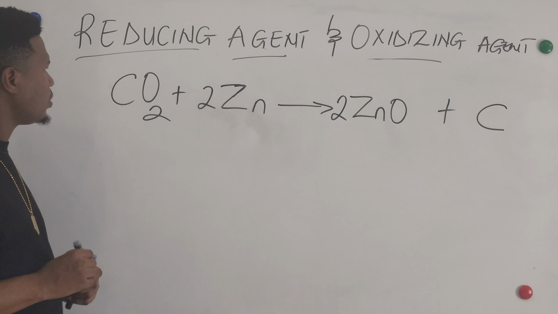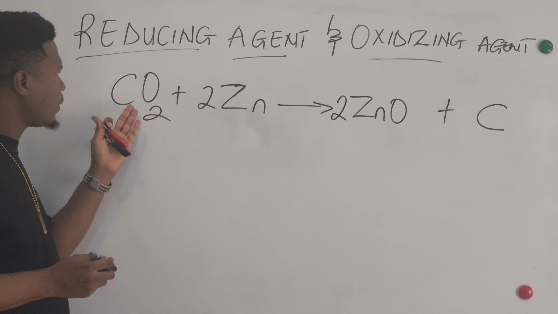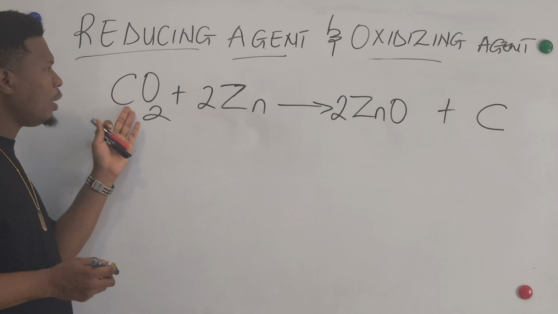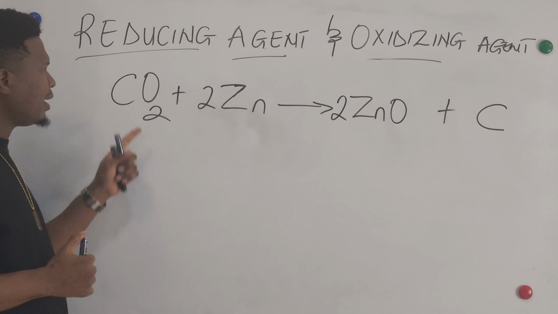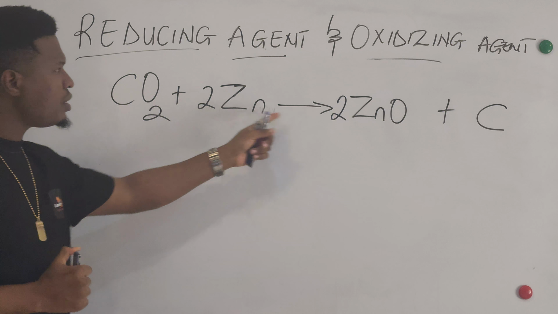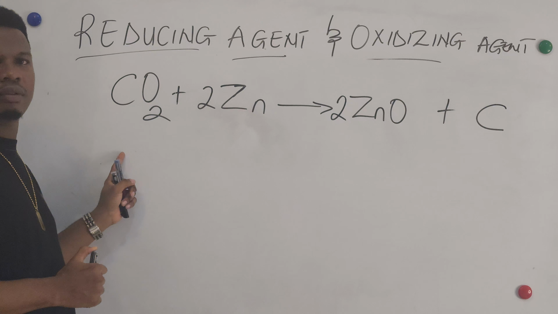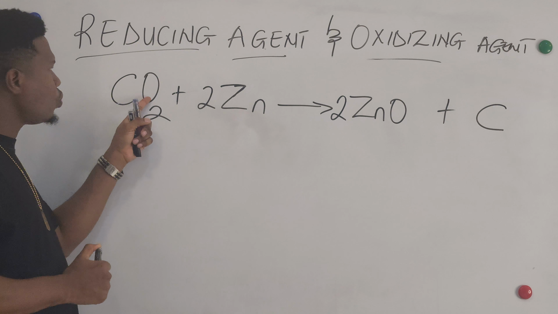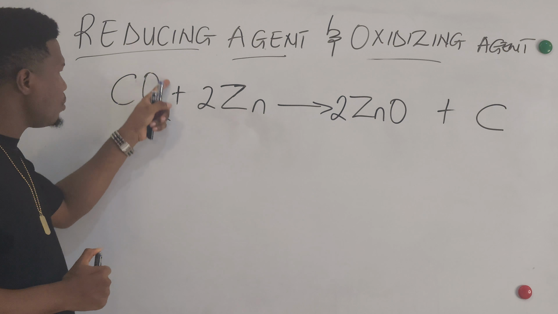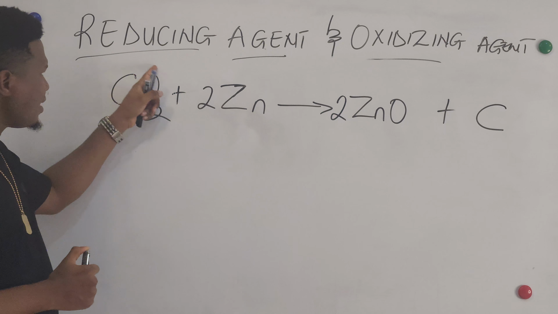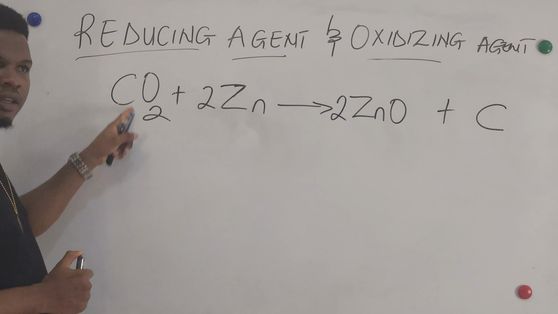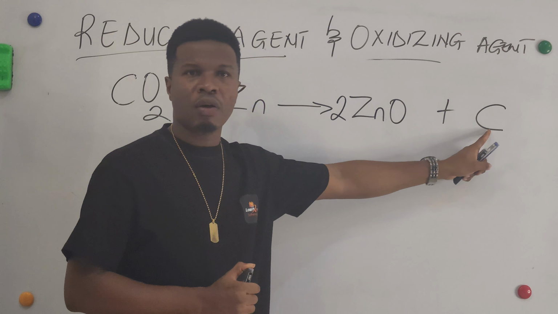First of all, you ask yourself, CO2, is it undergoing oxidation or reduction? Remember that CO2 reacted with zinc to give you zinc oxide, meaning that oxygen was removed from CO2. So CO2 lost the oxygen. There is removal of oxygen occurring here because carbon is without oxygen here.